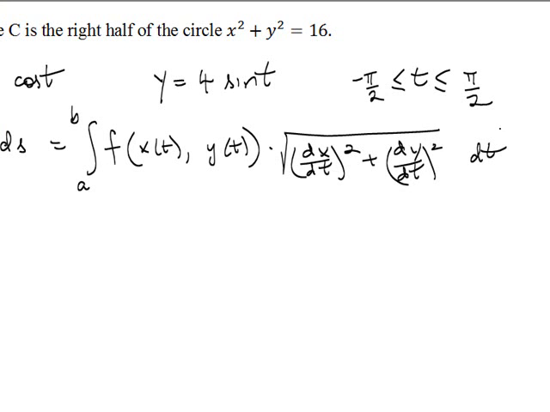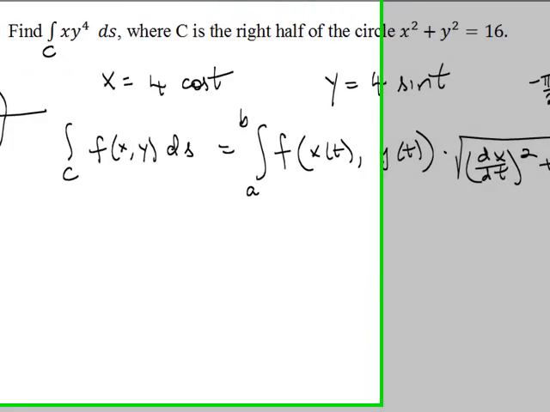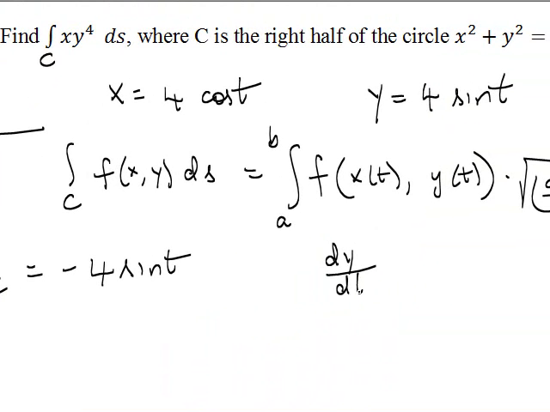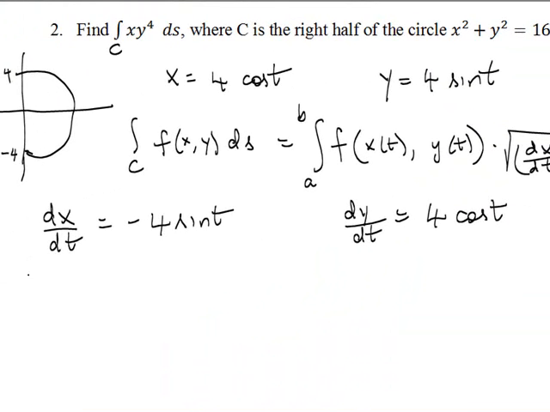We're going to find the derivatives, do the same thing we did a while ago. dx/dt equals minus 4 sine t, dy/dt equals 4 cosine t.